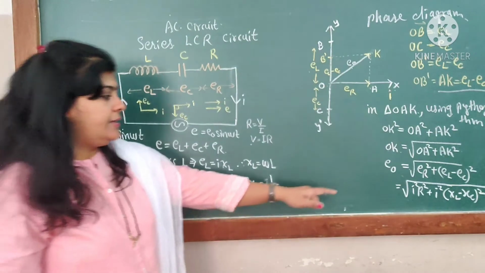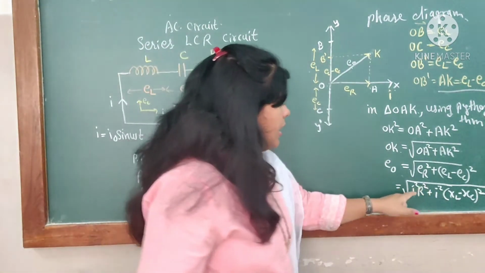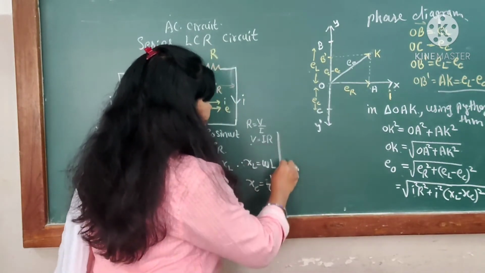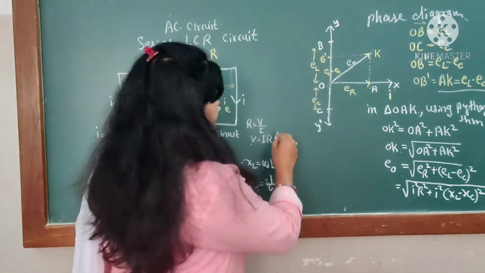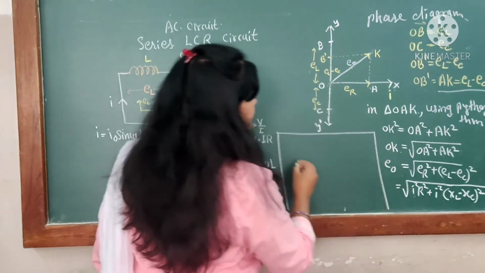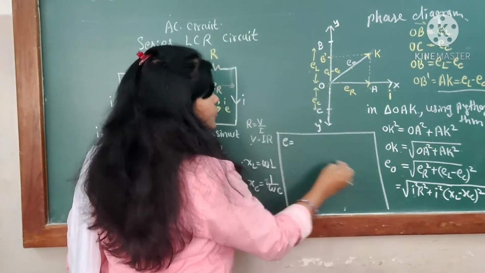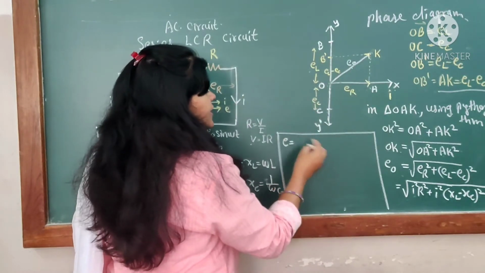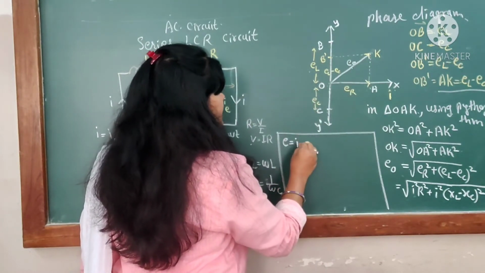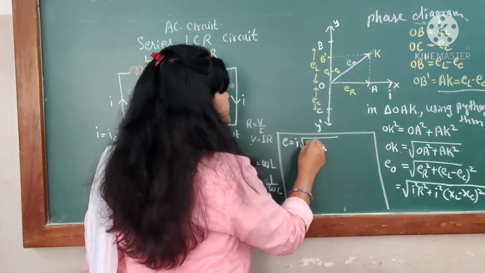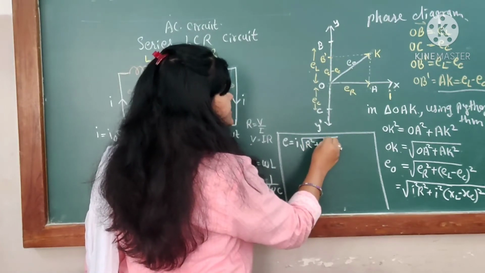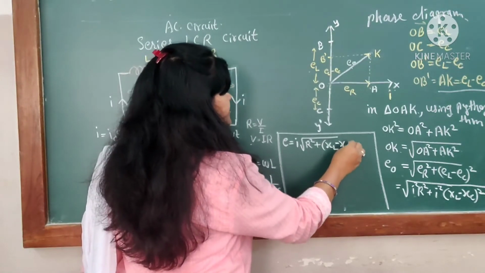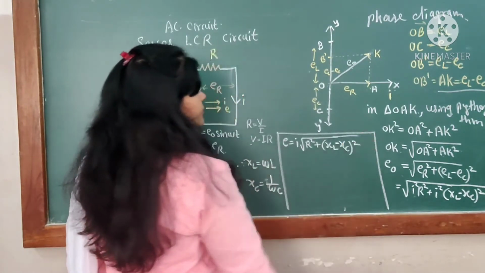Here I take I square common, and out of the square root it becomes I. Inside it, R square plus (XL minus XC) squared.